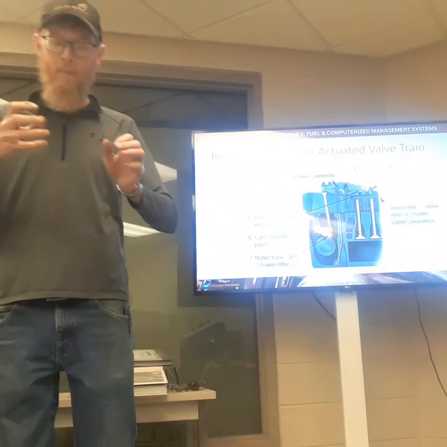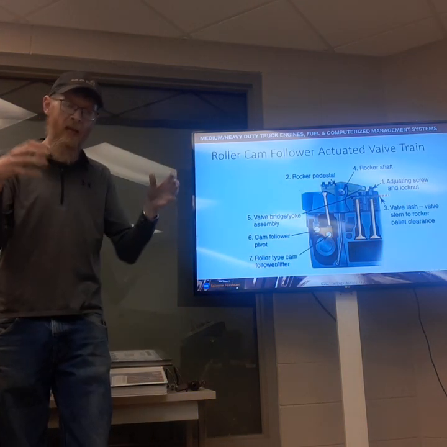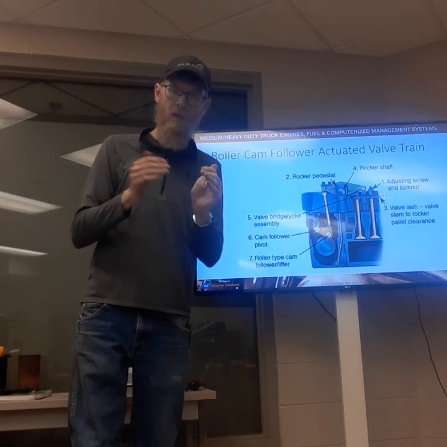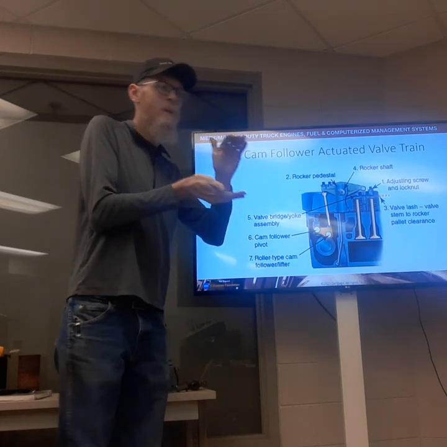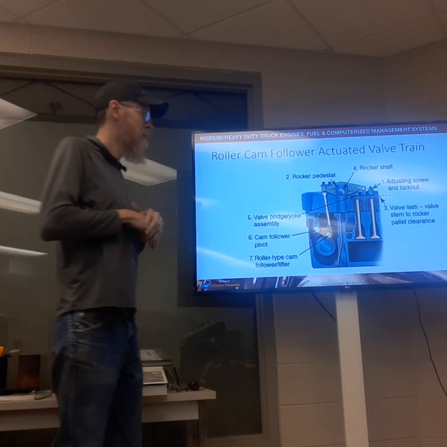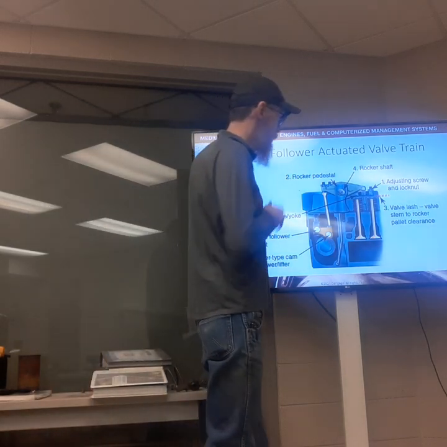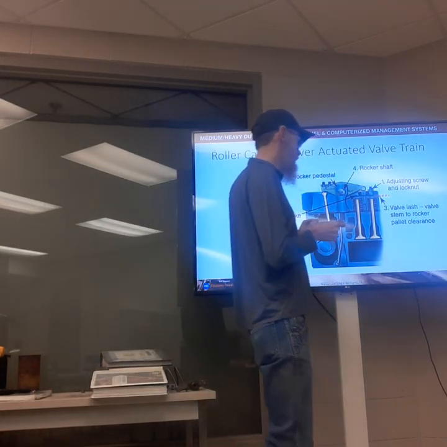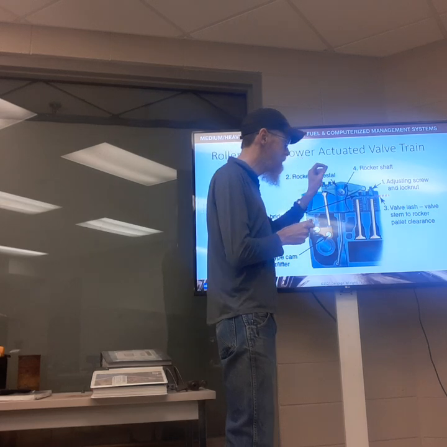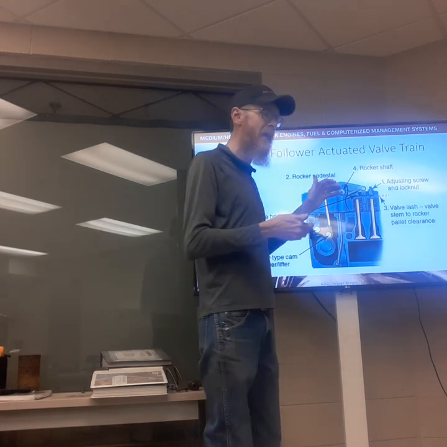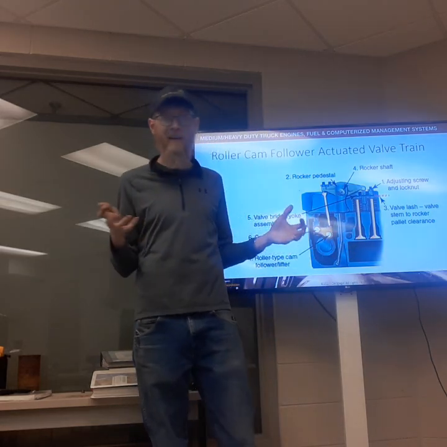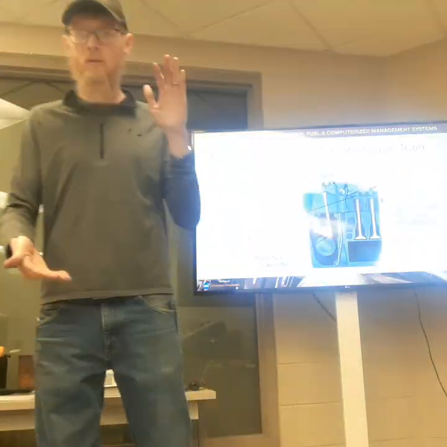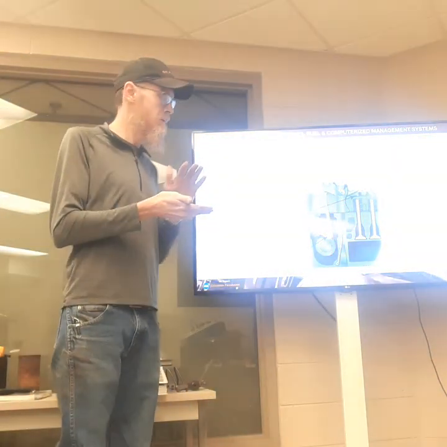If we can't trap that intake air into the cylinder when the piston comes up on its compression stroke, we don't have a compression stroke. So we need to make sure there is enough valve lash or clearance or play between these parts so that when everything gets to operating temperature, our valves are still able to close fully.